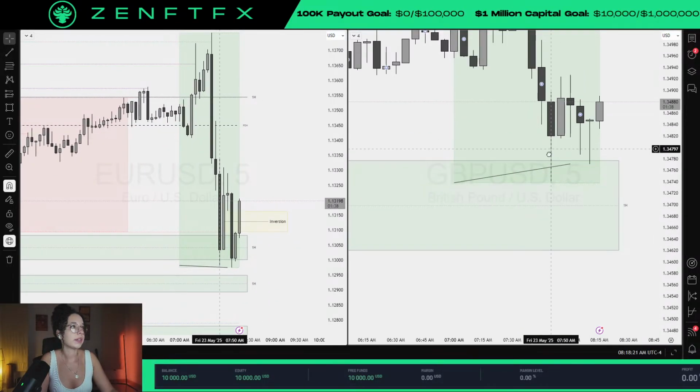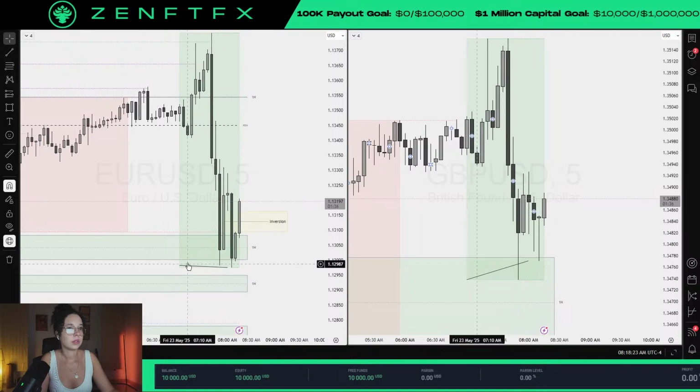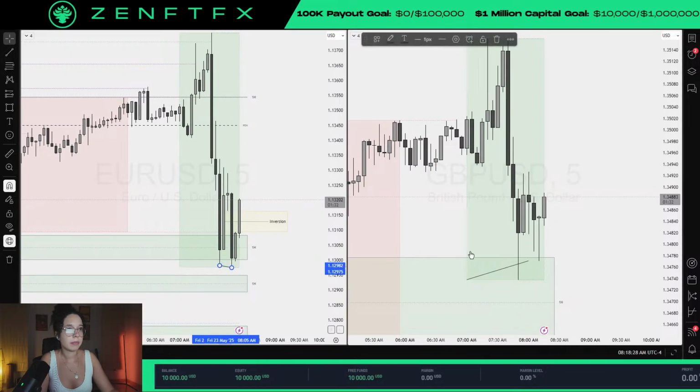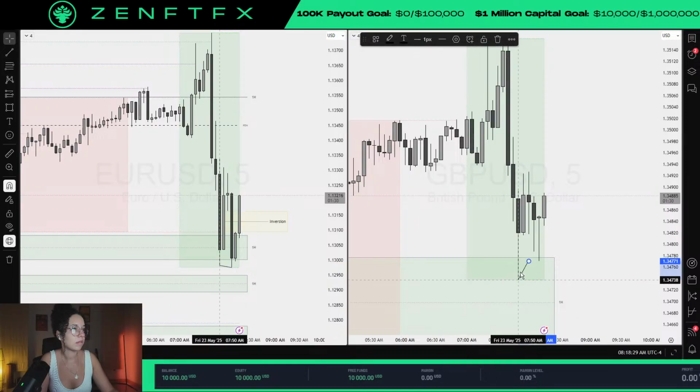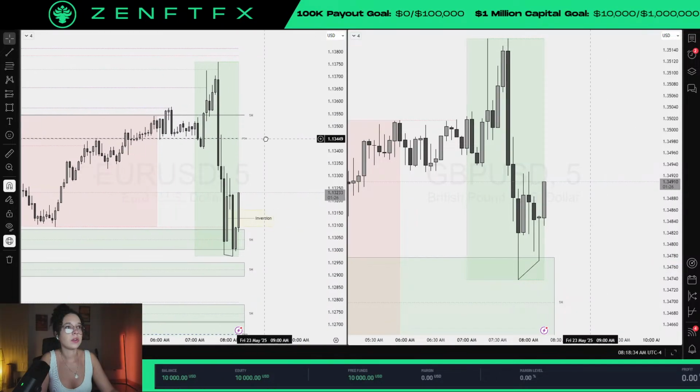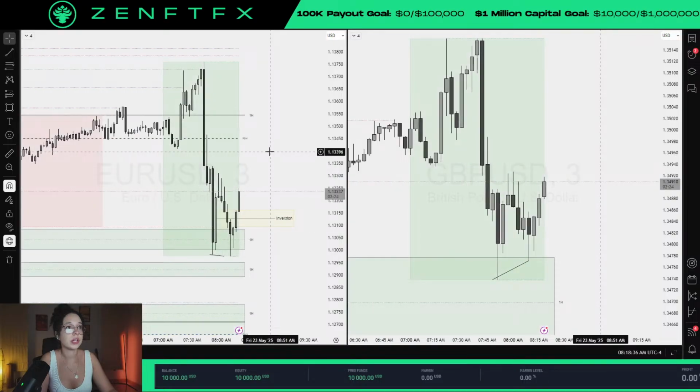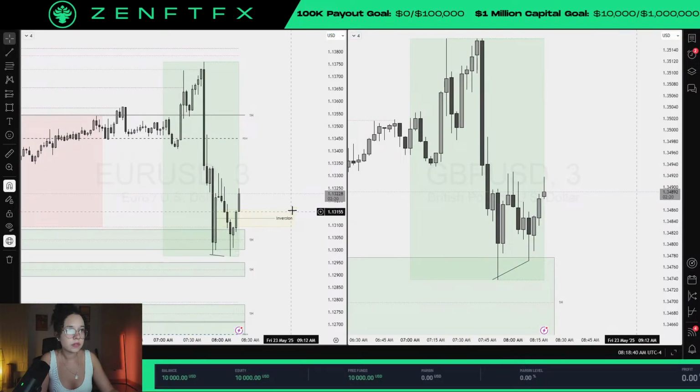But I really like this setup. Go ahead and clean this up a little bit. This is our SMT. Yeah, we're pushing really nicely here. Did we get an inversion of that 3-minute? Kinda, not really.